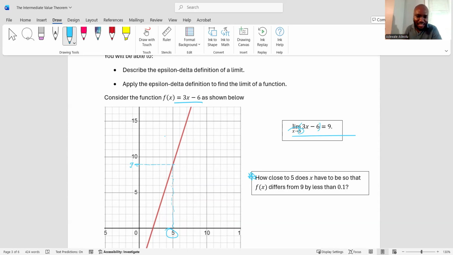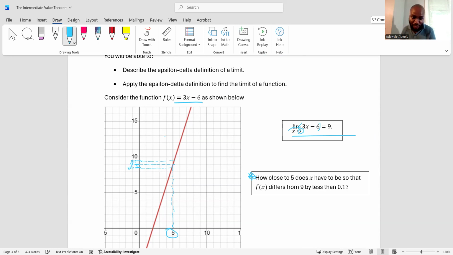So let's say, for example, I'm having 0.1. Remember, from the left, from the right, 0.1. Now, it then means I can do something like this.